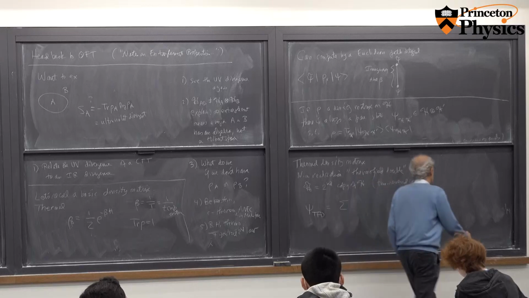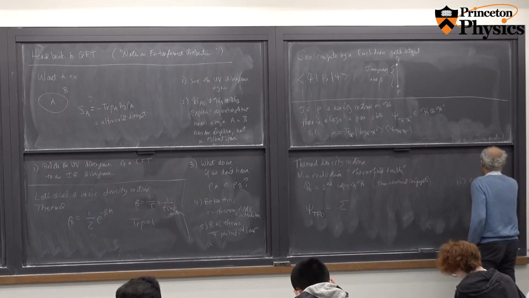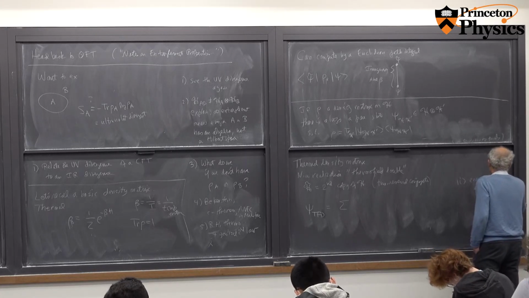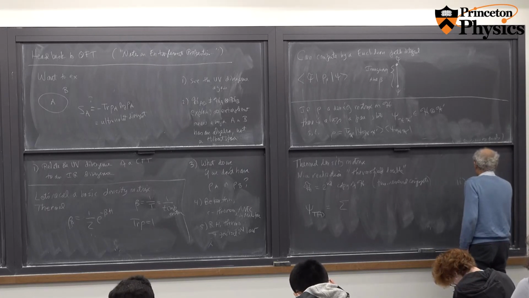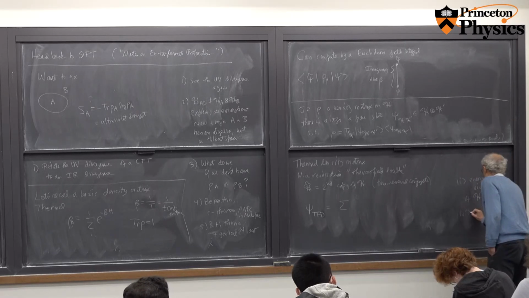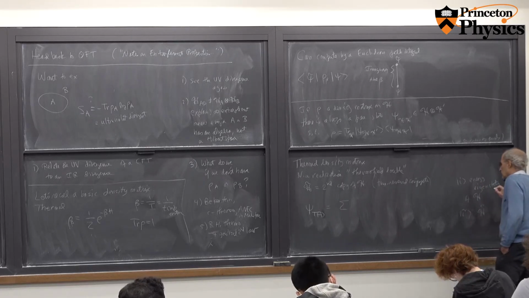So we let i be the energy eigenstates of the original system, and i tilde are the energy eigenstates of system H tilde.